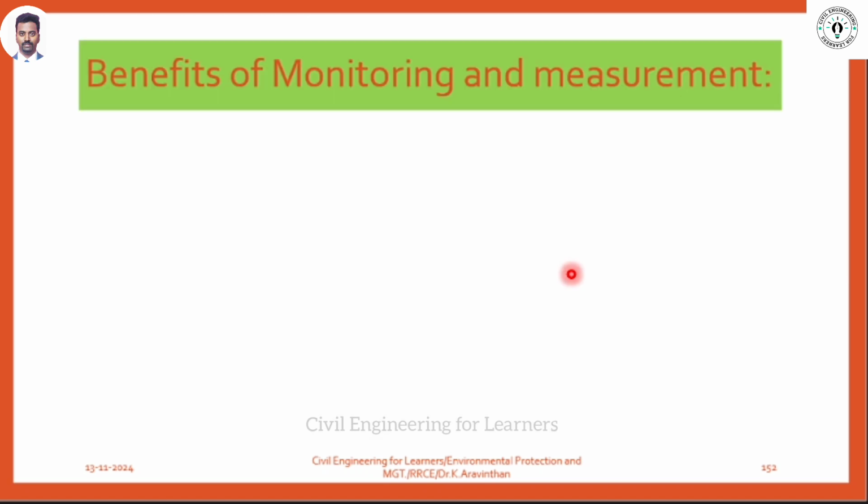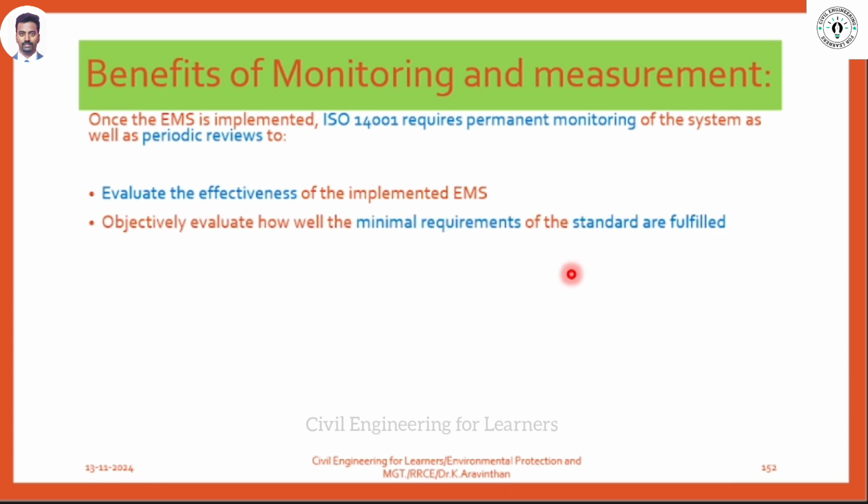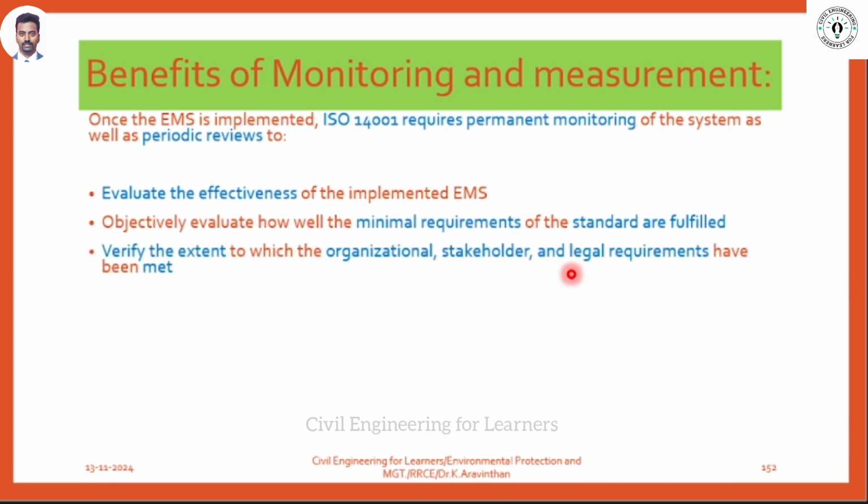Benefits of monitoring and measurement. ISO 14001 will have some periodic reviews. First one is to evaluate effectiveness: whether the system goes in an effective way or not. Next one is that minimal requirements for standards are fulfilled. Then verify the extent to which organization, stakeholder and legal requirements are met.